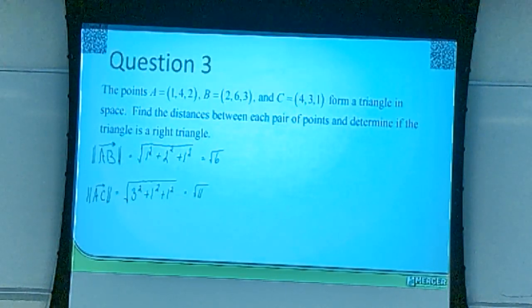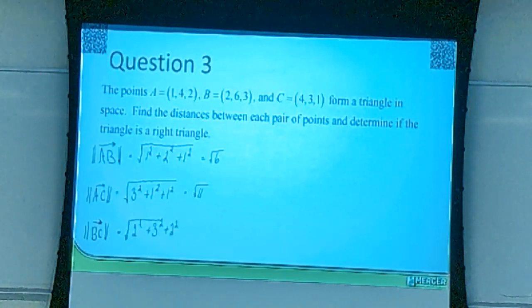Square root of 11. And you just need BC. Square root of 17.